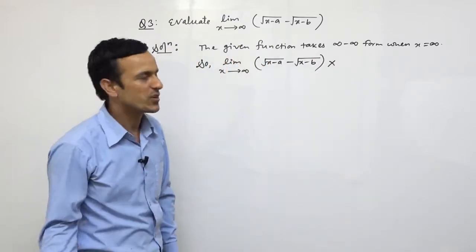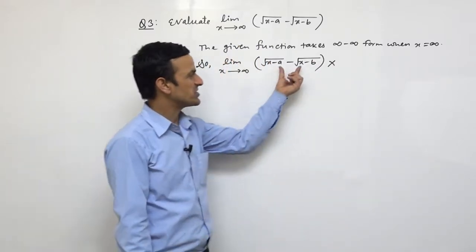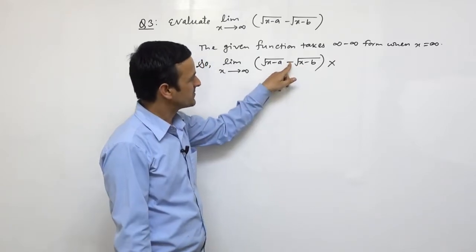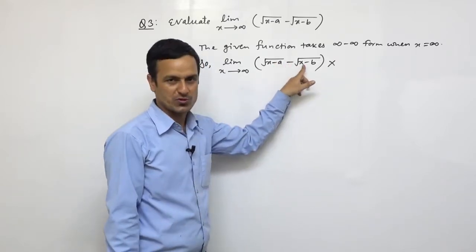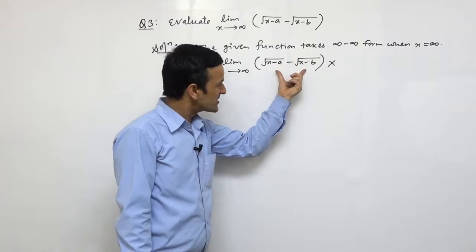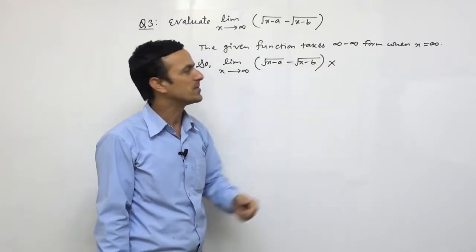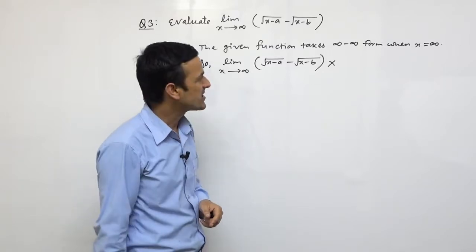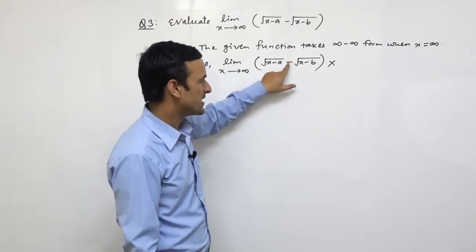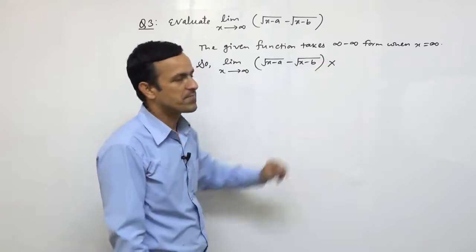multiplying by the conjugate. So in the case of roots, this is the difference between two roots. So for such type of expression, we should always multiply by the rationalizing term. That means if there is minus, then we take plus sign.